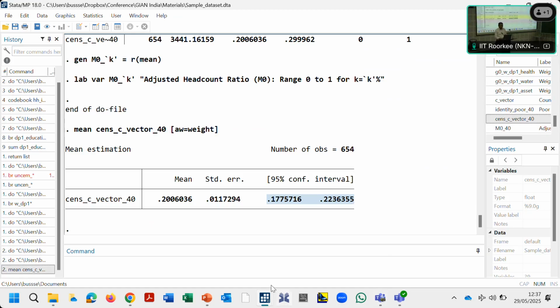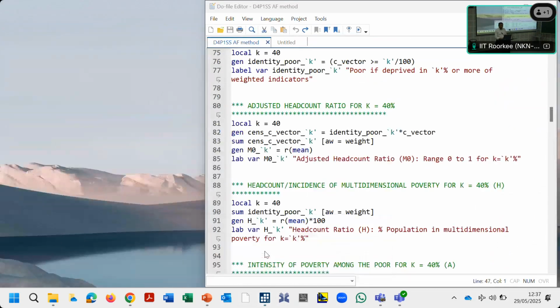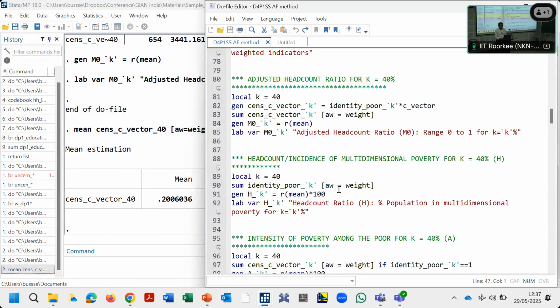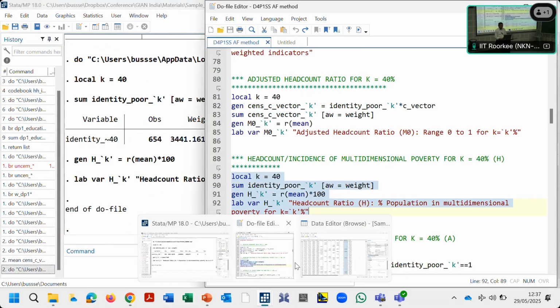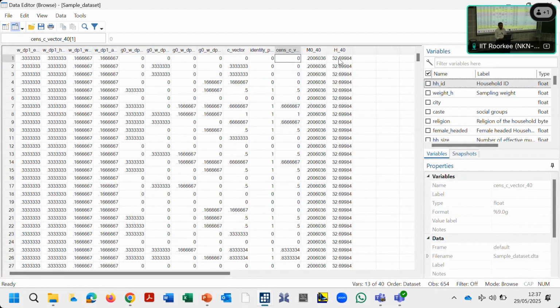Okay. Great. So now, how would you compute the multidimensional headcount? Similarly, if you want to save it as a scalar, as a variable, you can run this code. If you run this code, look, it will again save it here. So it's 32%. This is the adjusted headcount ratio.